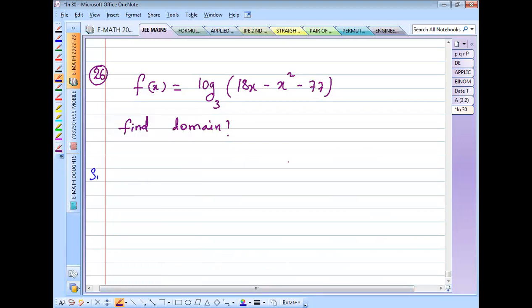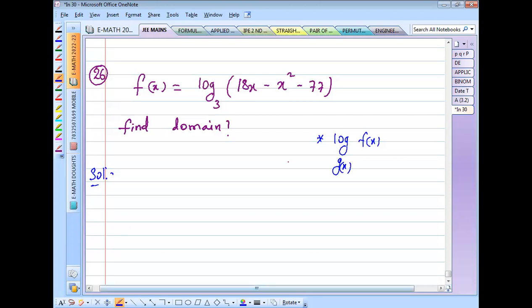Actually, before going to solve this question, we will discuss some conceptual points which belong to the same type of problem. Suppose the function is given in the format of log f of x with base g of x.